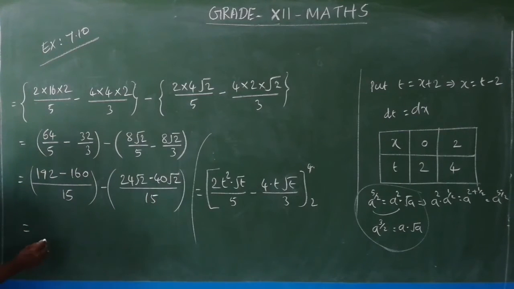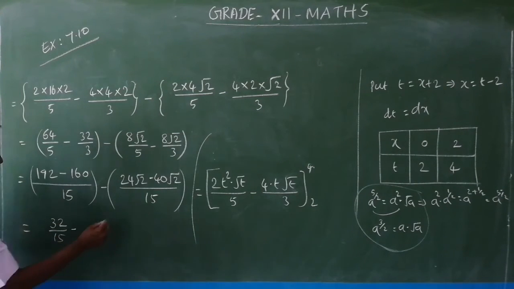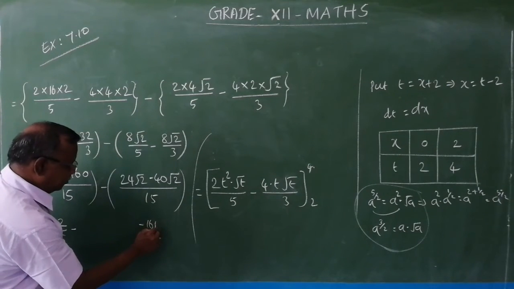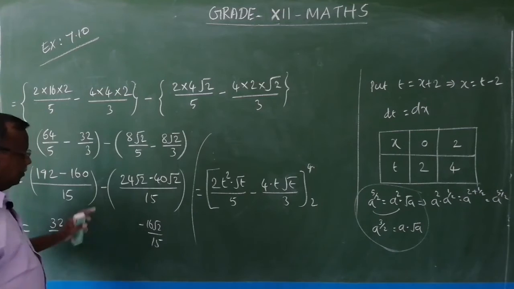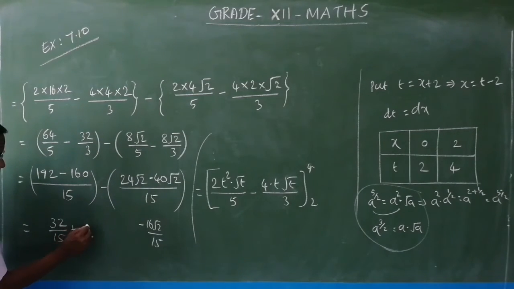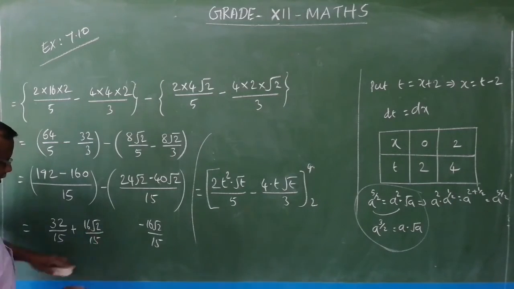This is equal to 32 divided by 15, minus 24 minus 40, which means minus 16 root 2 by 15. Minus into minus is plus, so plus 16 root 2 divided by 15.